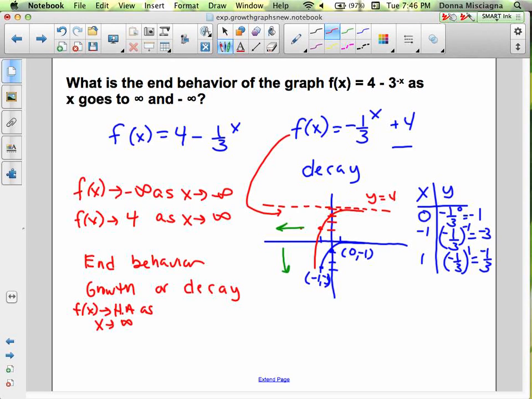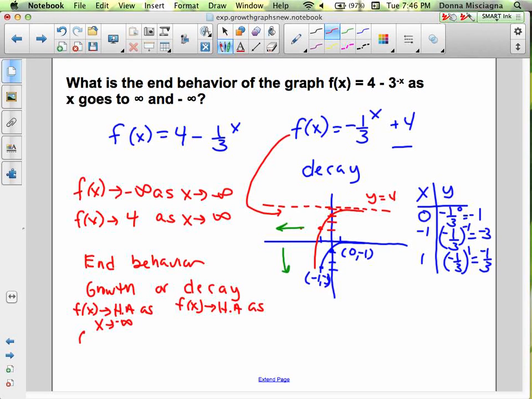For decay, it's going to move towards the horizontal asymptote, oh excuse me, as x approaches negative infinity. I had decay on my head. So growth, your function approaches the horizontal asymptote as x approaches negative infinity, and it's going to move away from the asymptote as x approaches infinity.